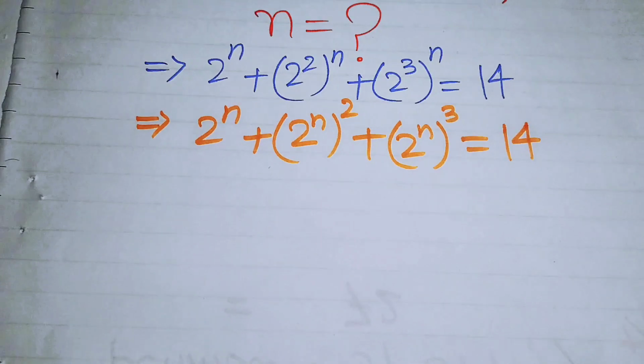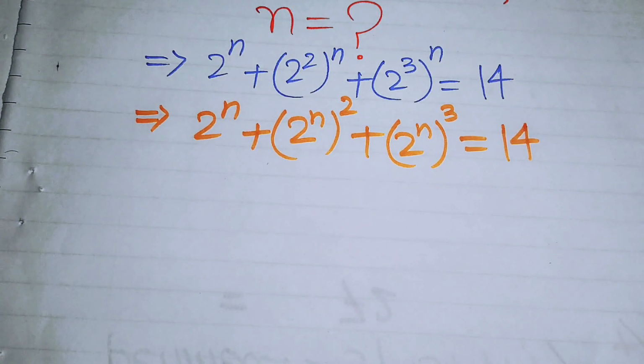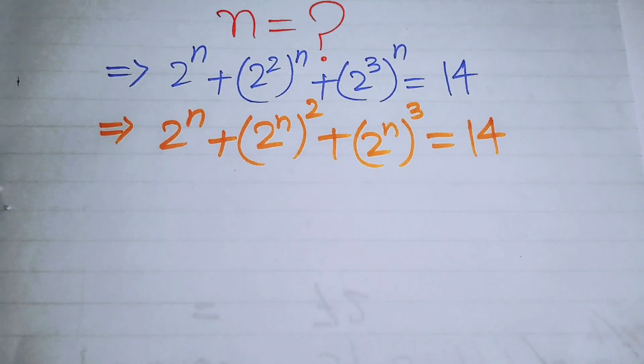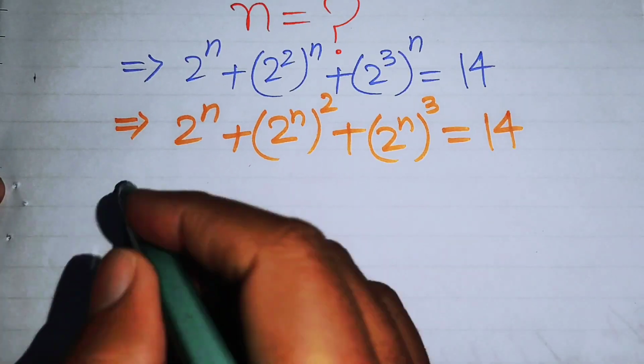Now we convert this exponential equation into a cubic equation by taking 2 to the power of n equals y.